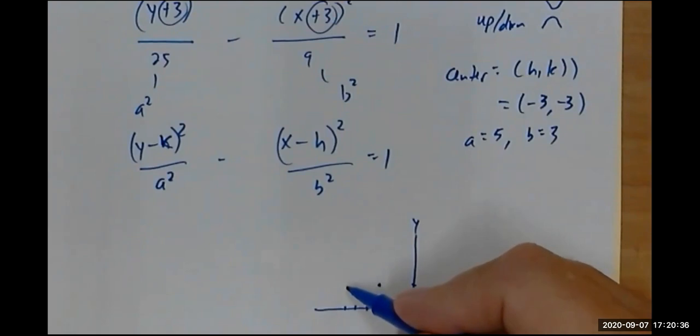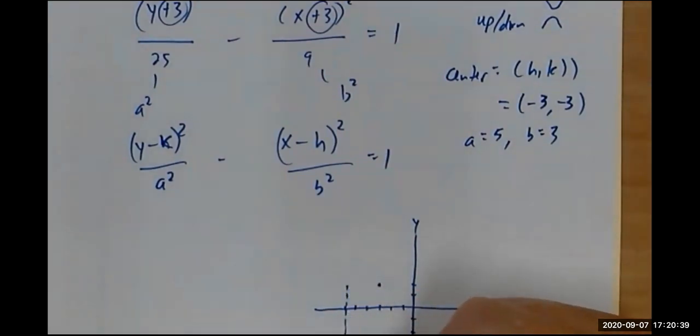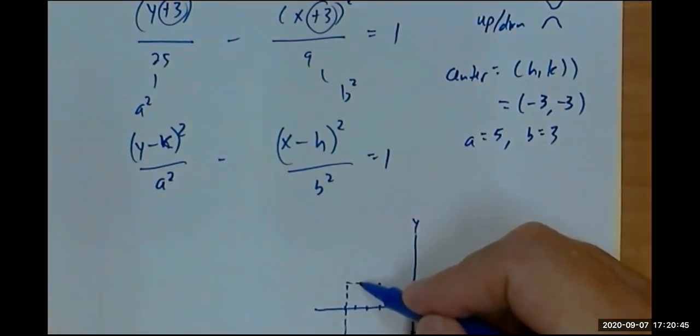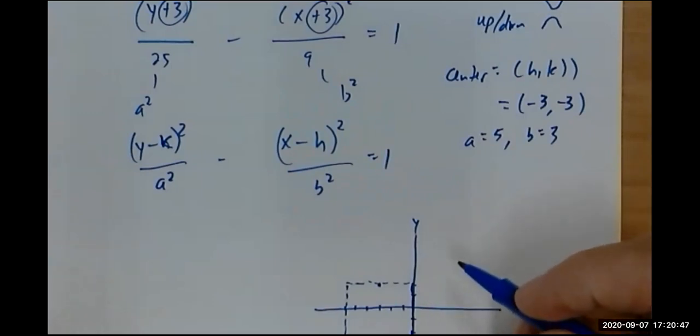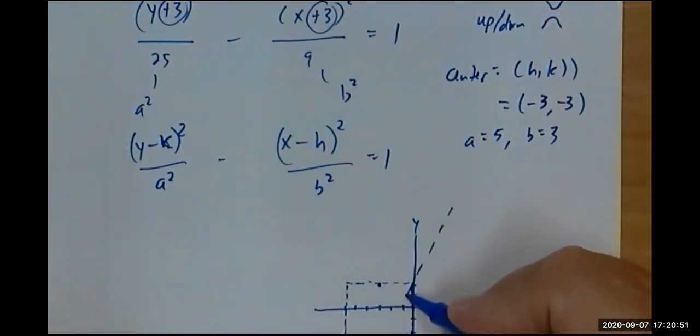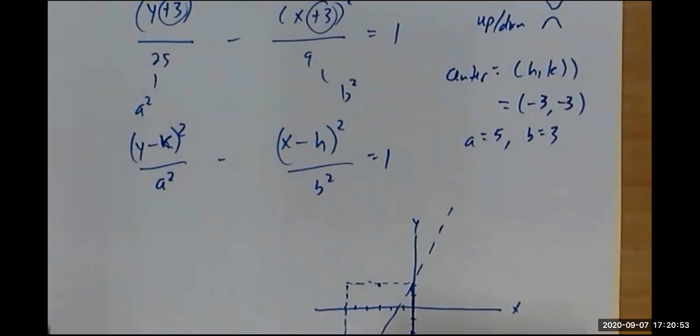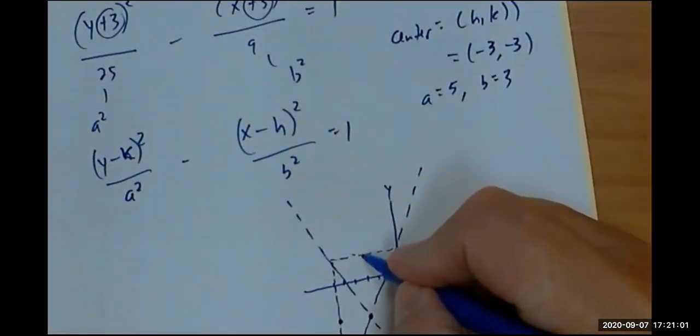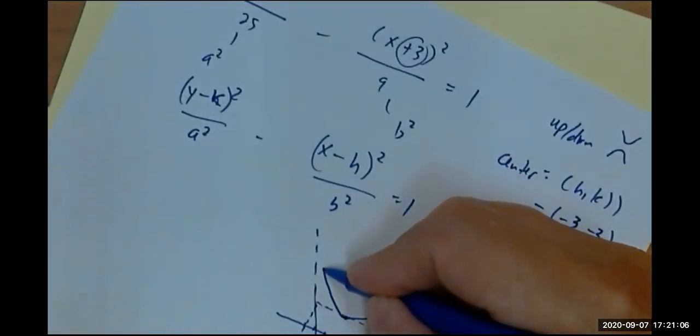Then if you try and draw the box, now since I'm going up and down, do my diagonal lines through the center and the corners of the boxes. Since it's up and down, it should look like this.